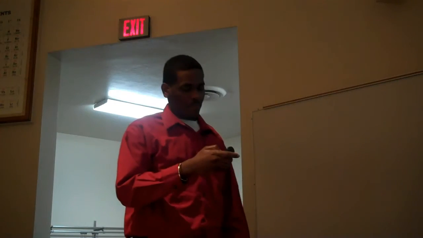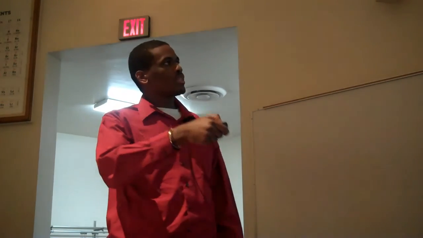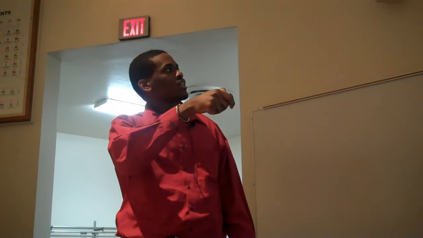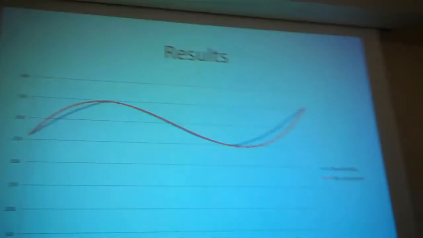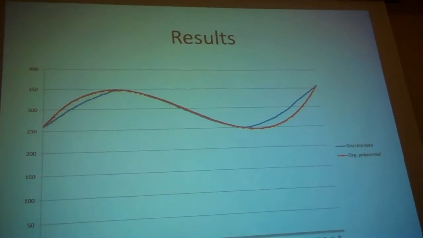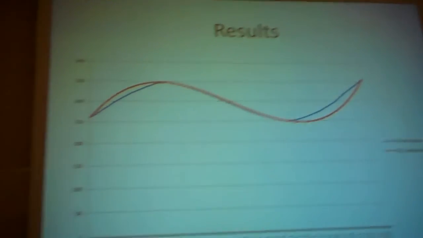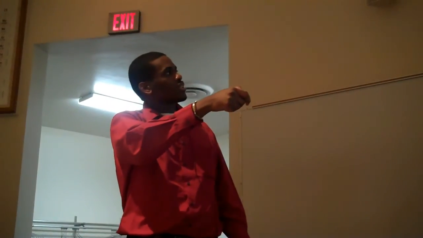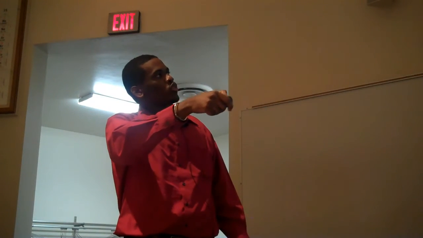So let me show you some of my results. I have some data. The blue line represents the discrete data, and the red line represents our original polynomial. That means that when we take our control points, starting from the beginning, 1/3 from the beginning, 2/3 from the beginning, and 1 at the end, that's a typical original polynomial that we get to fit our data.